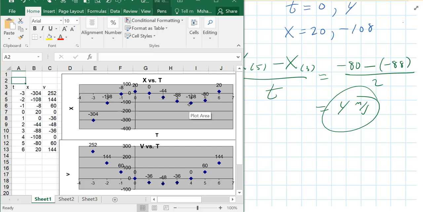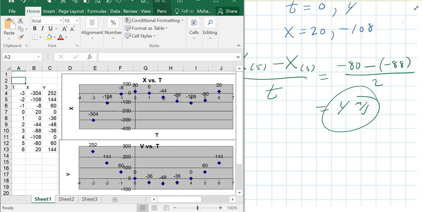The velocity graph is the derivative of the position graph, aka it's the slope of the position graph. So you'll notice between negative 3 and 0 seconds, the slope of the position graph is positive. That means these velocity values are all above 0: they're 60, 144, and 252. At 0 seconds, our slope is momentarily 0 on the position graph, and that means your velocity is 0.